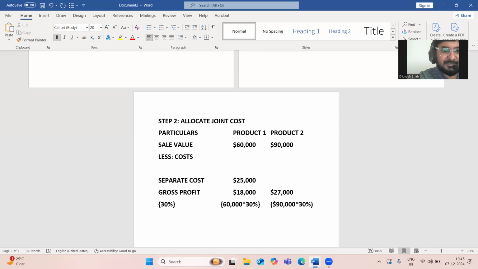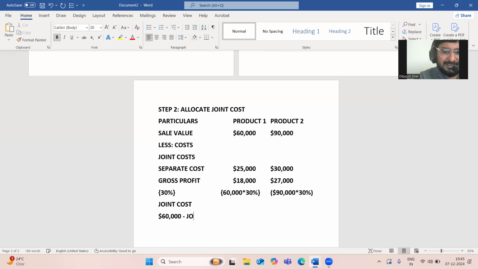Now what is joint cost? It is the balancing figure. So for product 1, if you want to put the entire equation, sale value is $60,000 minus some joint cost, which I don't know right now, minus, I know the further processing cost, right? 25. This should be equal to my gross profit, 18.